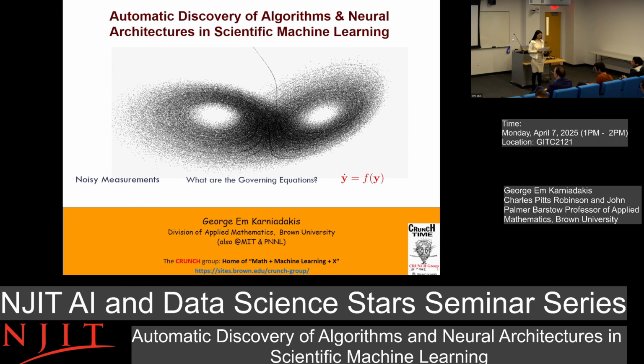These equations are very, very important, but it takes centuries and it takes a genius to come up with such an equation. It turns out that the Lorenz attractor, you can discover it just with a simple machine learning exercise. We give you data, and you can actually discover the Lorenz equations. So that's where we are in 2025, and I want to show you some other examples.